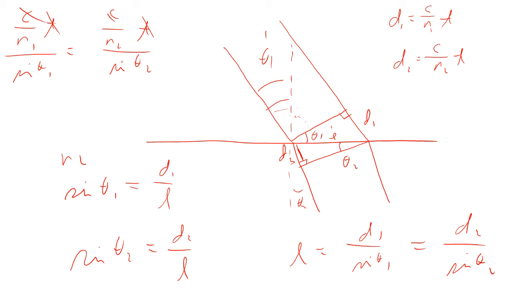So basically that means n1 sine theta 1 equals n2 sine theta 2. Putting that again: n1 sine theta 1 equals n2 sine theta 2.